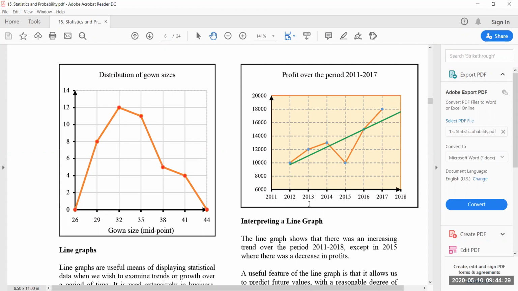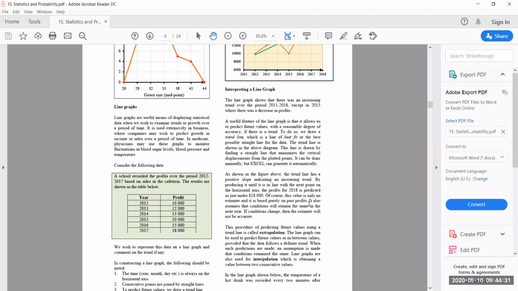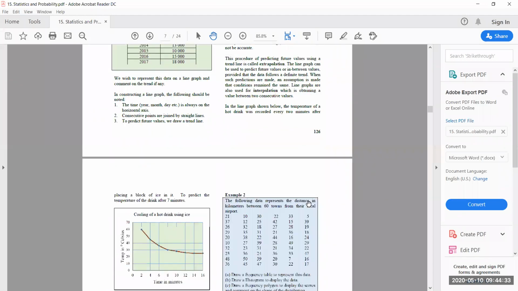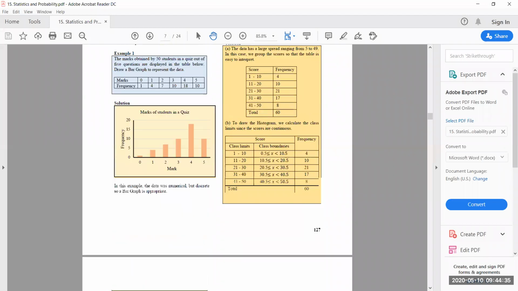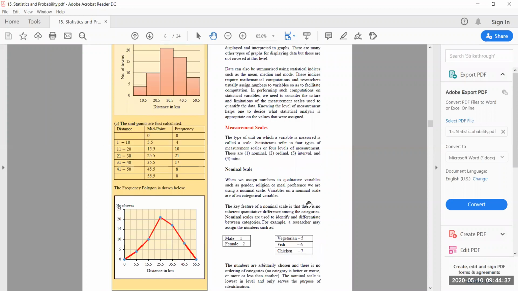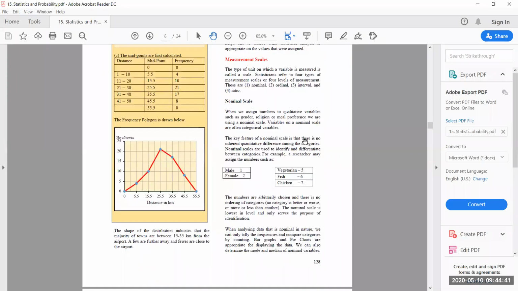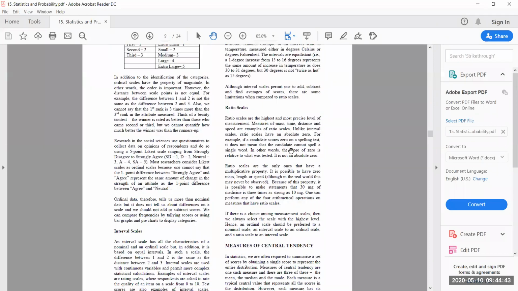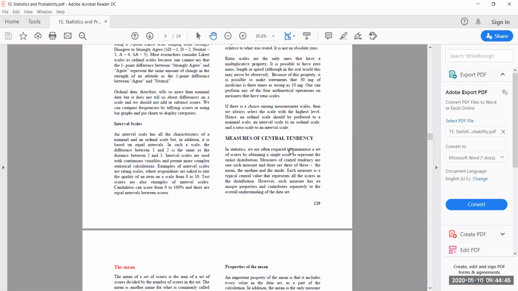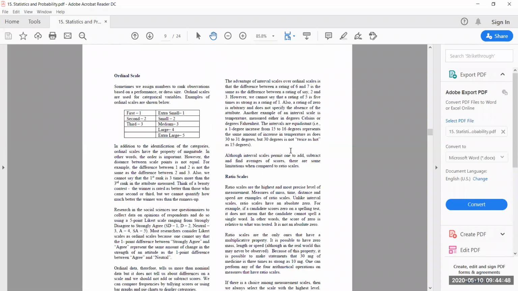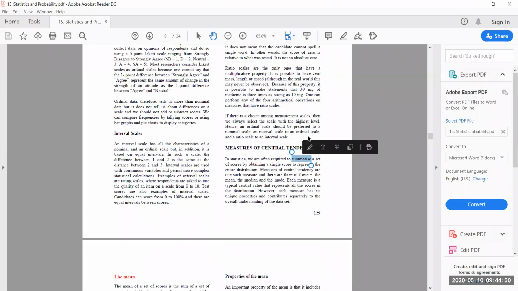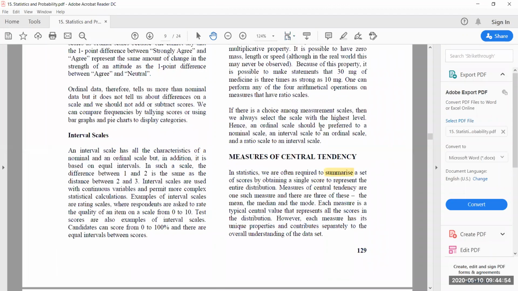No, sir. Okay, we will not be doing line graphs and stuff because I've never seen it really being tested. So I'm not going to waste time to do that, right? Obviously the things that I don't go through, you all can go through it yourself, right? I'm just going through the things that I know for sure are tested, okay?